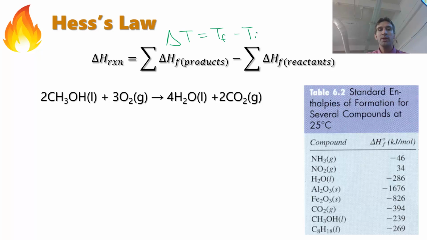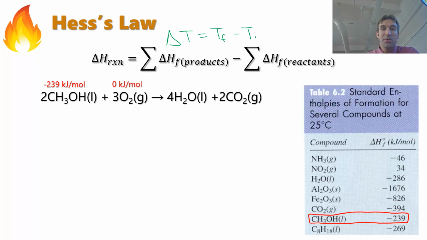So what I'll need to do is first identify each of the components. I've got the methanol, and if I look to the chart, I can see that my methanol is listed right here. I get negative 239 kilojoules per mole as I form methanol from its components. So negative 239 would be 1 mole of methanol.